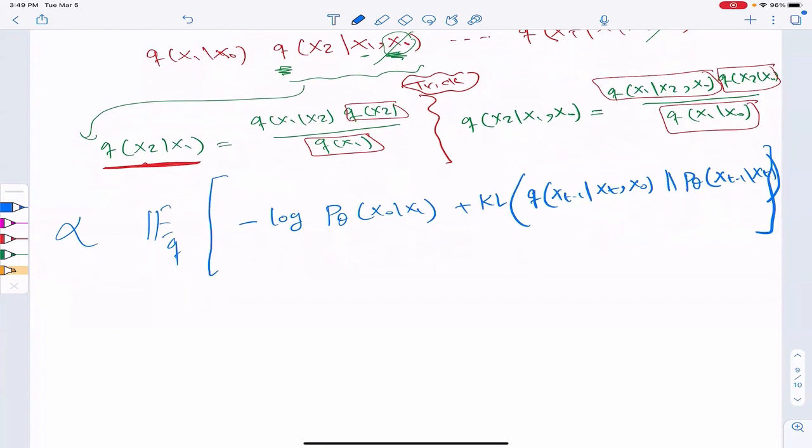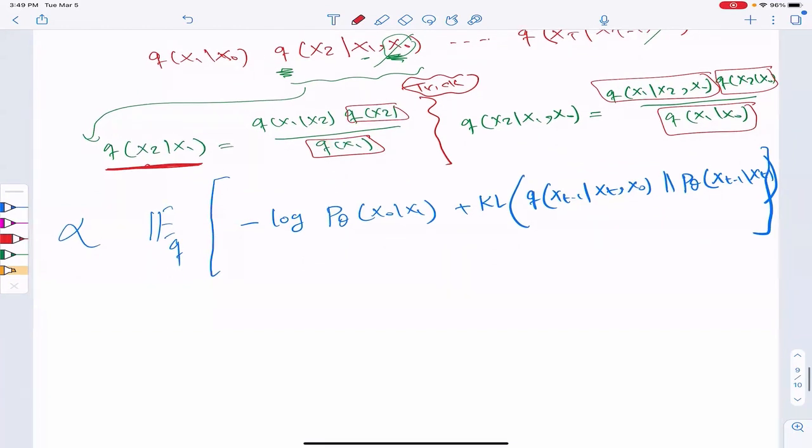Right, so that's it. This is the optimization we want to solve. So we want to minimize this over theta. That's the objective of our diffusion process.